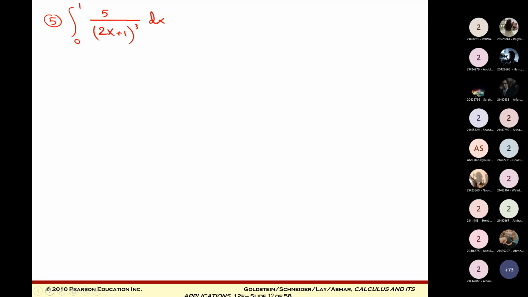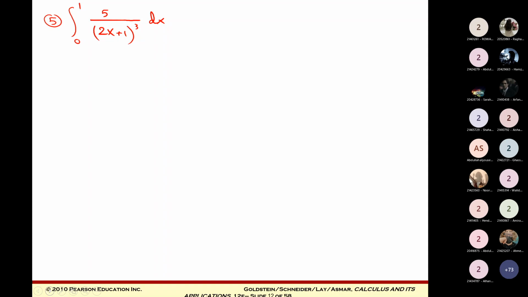Firstly, find the integration without the bounds of integration, without 0 and 1, and return the result of integration with respect to x. After that, substitute 1 and substitute 0 with the difference between the values.